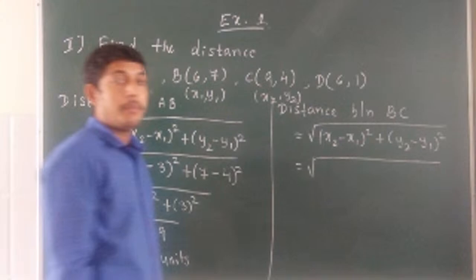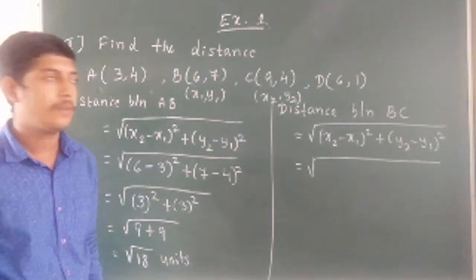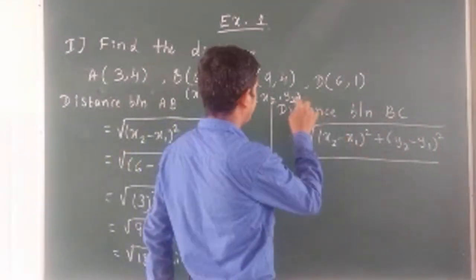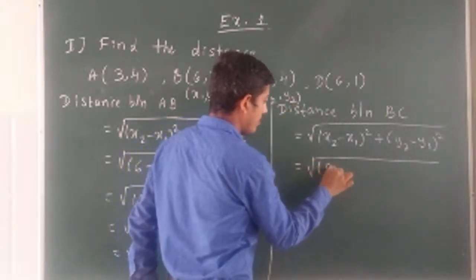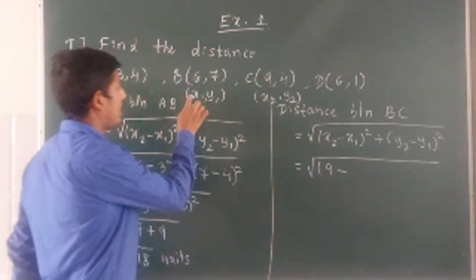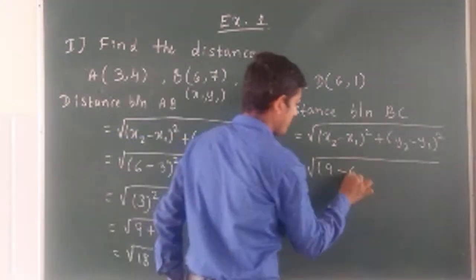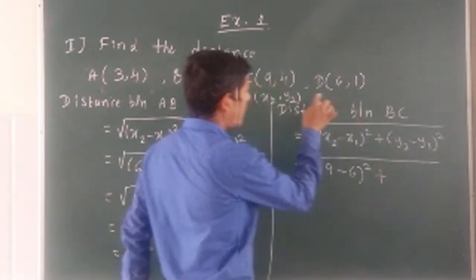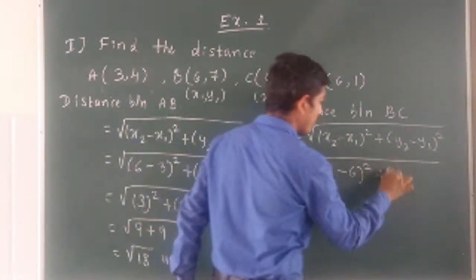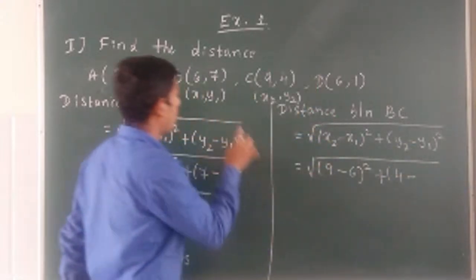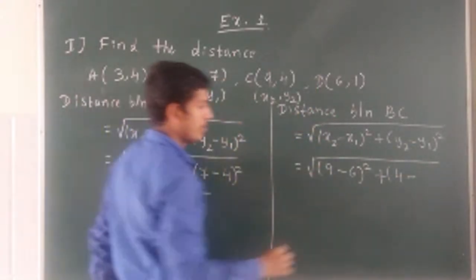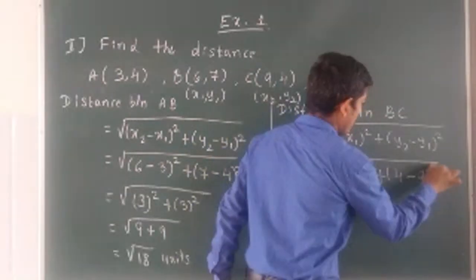You have to comment with the answer first. Okay. x2 is 9 minus x1 is 6 whole square plus y2 is 4 minus y1 is 7 whole square.